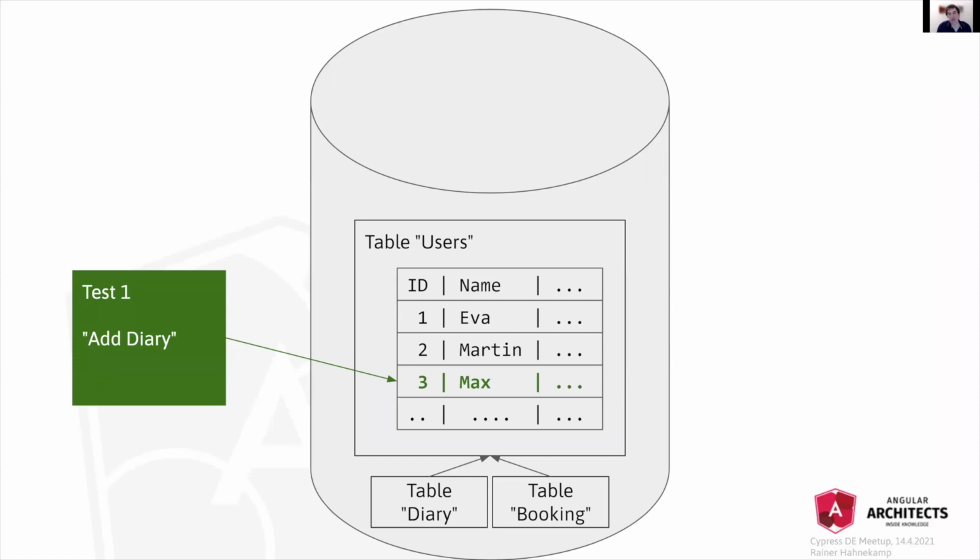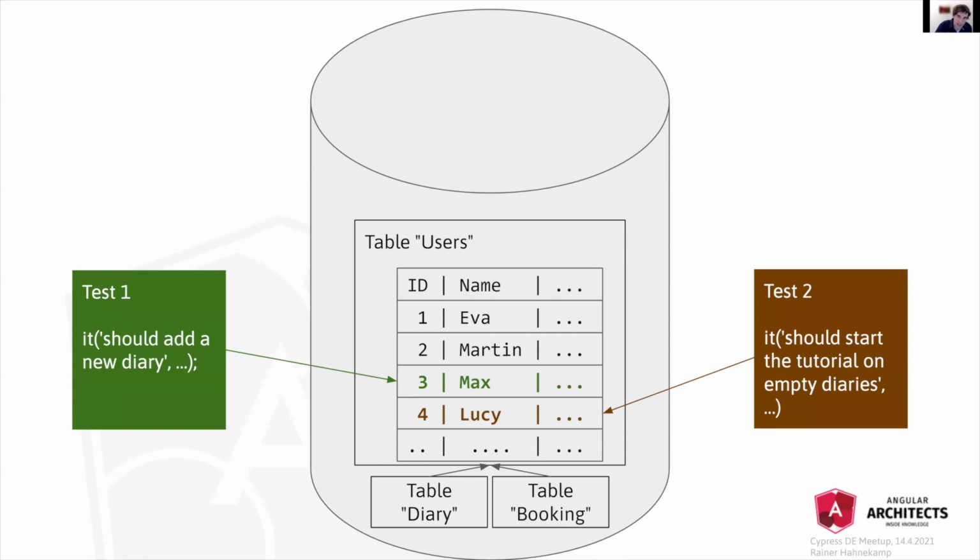Let's say we have a first test that wants to check the add diary function. Before the test starts, the arrange part or the given part, however you want to call it, creates a new user just for this test. And then it does the diary thing. Whatever it does does not matter for the upcoming test, because the upcoming test creates another user on its own.